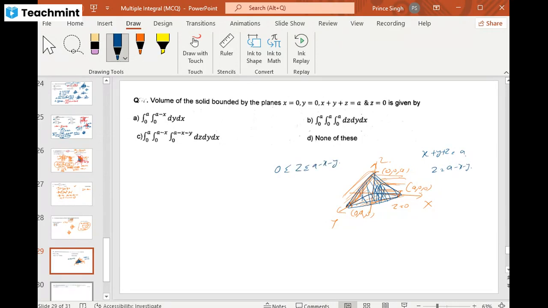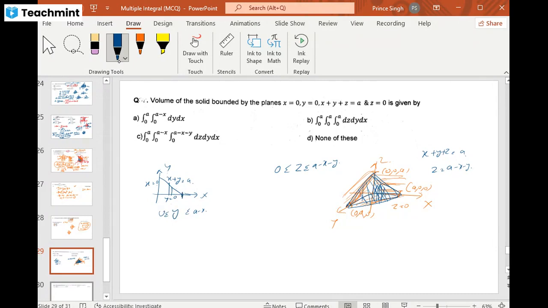And when we take the projection of the surface, the projection is again a triangle in the xy plane. This is the line x plus y equal to a, and this is y equal to 0. This is x equal to 0. So if we move vertically, the value of y varies from curve to curve. y varies from 0 to a minus x.